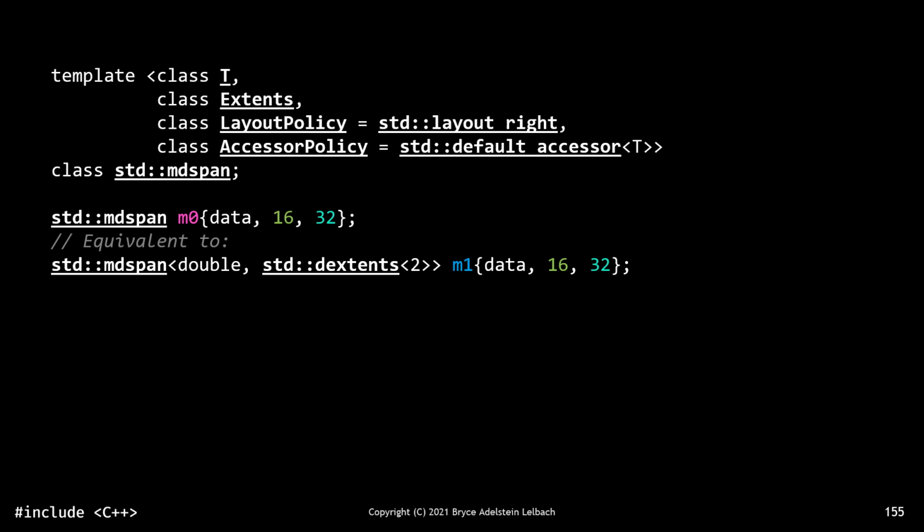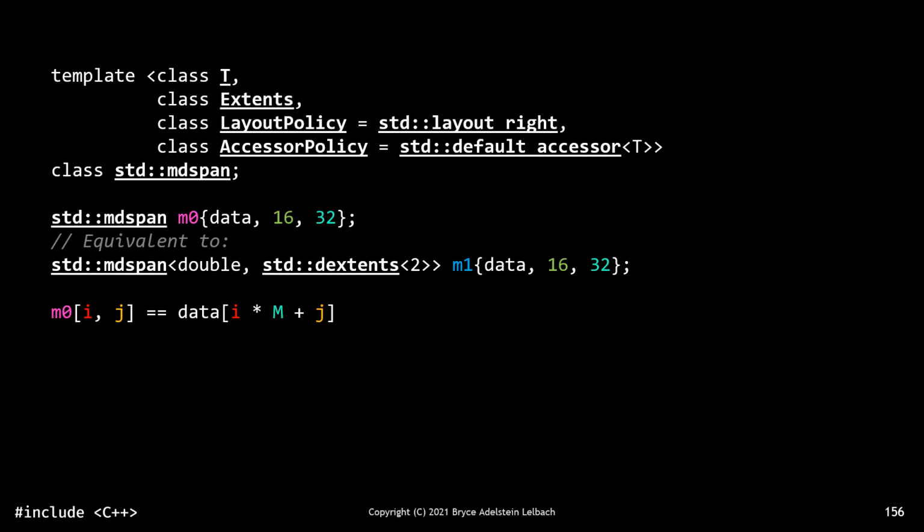MDSpans of all dynamic extents have a simple syntax. With class template argument deduction, you can construct one without specifying any template parameters. If you do need to spell the type out, it's still concise. Just use the dextents alias. The elements of an MDSpan are accessed via the index operator.